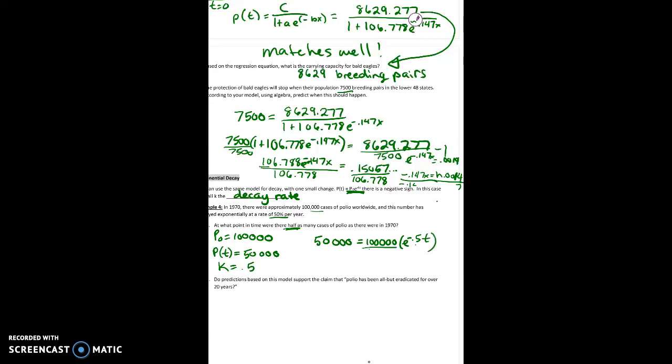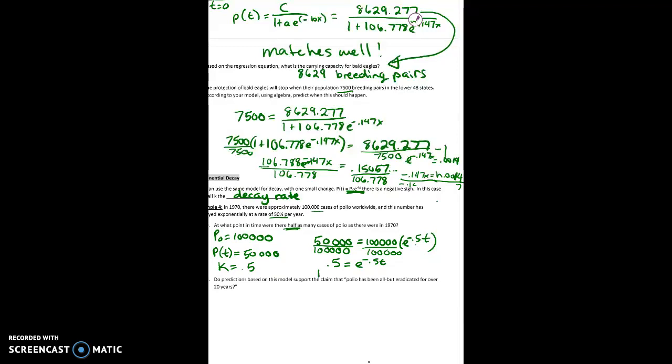So we're going to divide by 100,000 to get e all by itself. And what you get is 0.5, which makes sense because we want to know when there's half. 0.5 is half. e to the negative 0.5T.